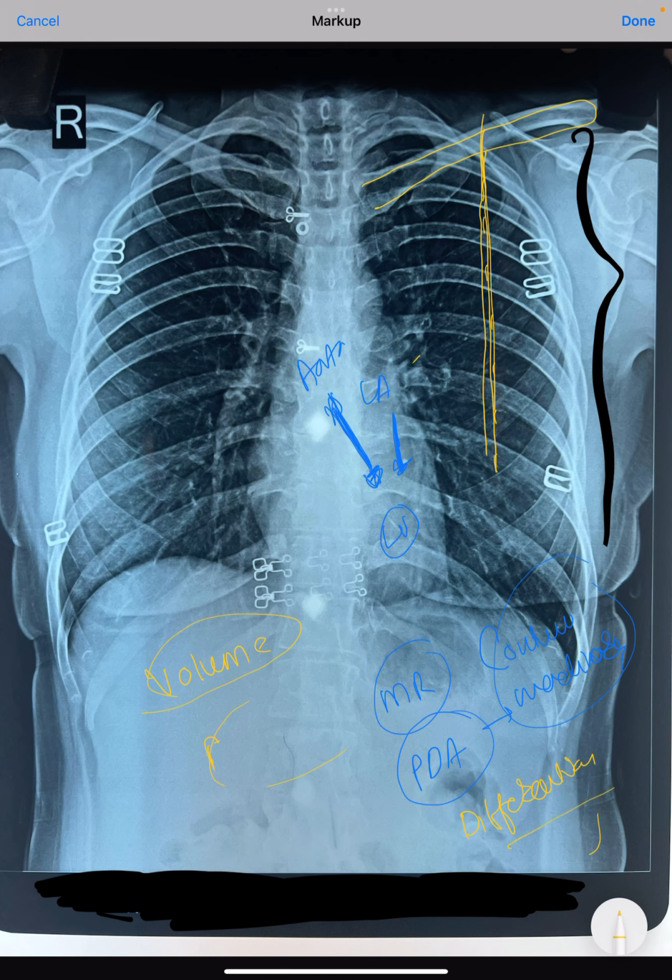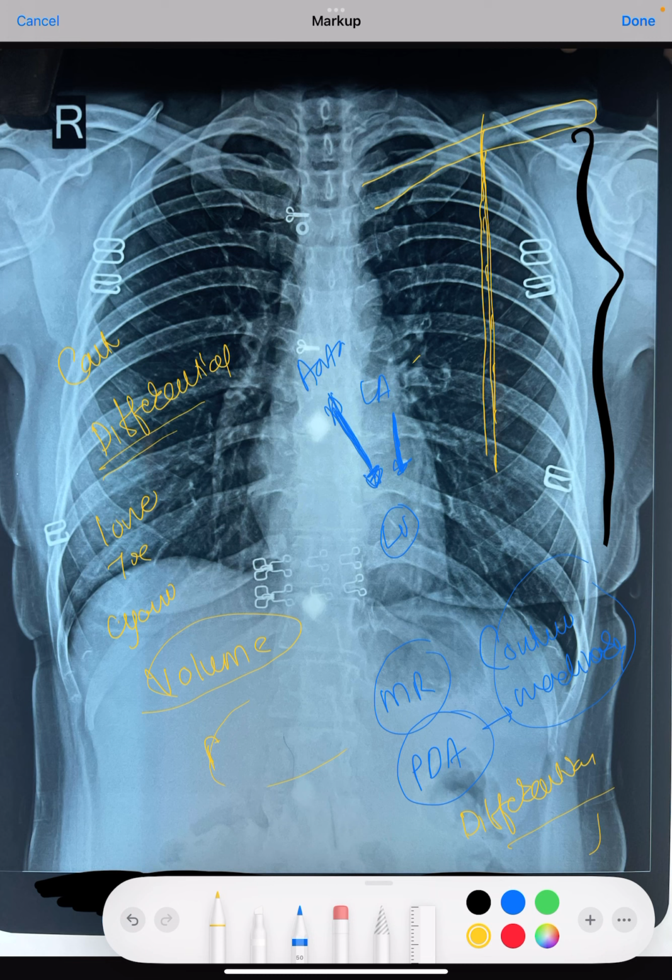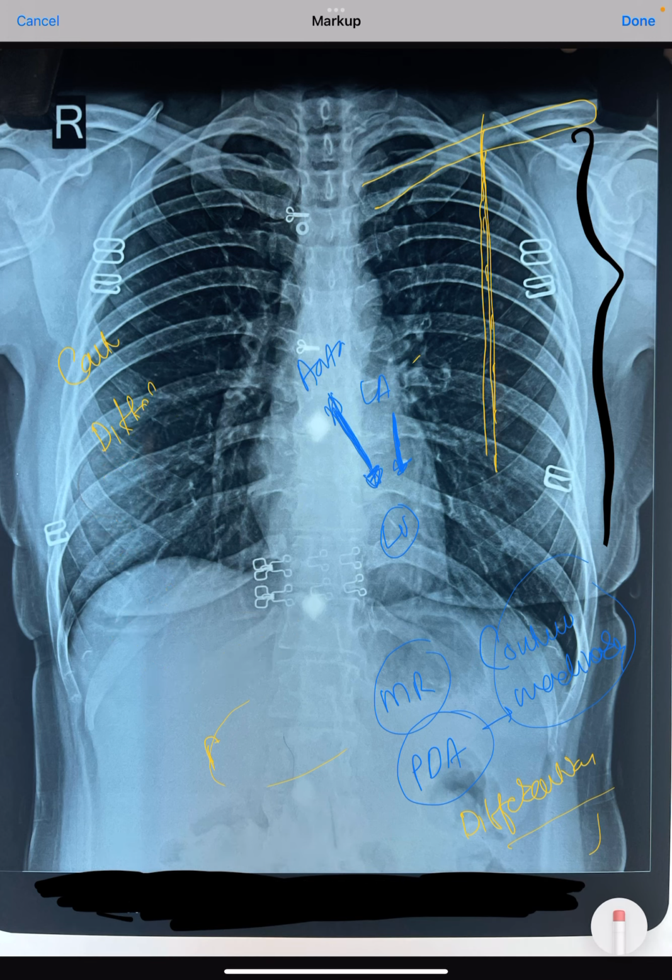So these two things are very easy: there should be a continuous machinery murmur and there should be differential cyanosis. Differential cyanosis means in the upper limbs there will not be any cyanosis, but in the lower limbs the toes will be cyanosed because of the reversal of the patent ductus arteriosus.